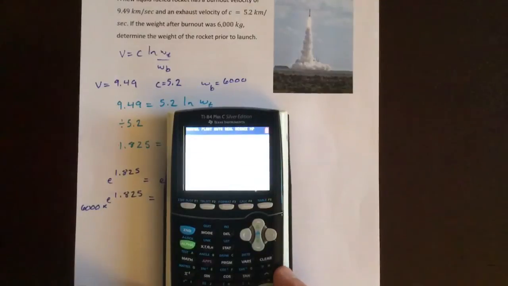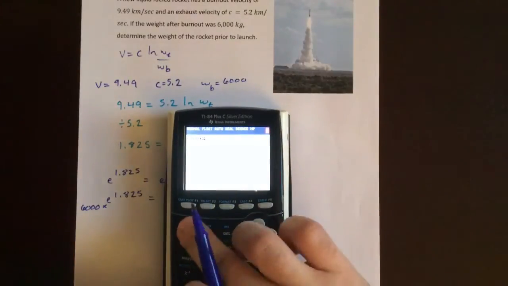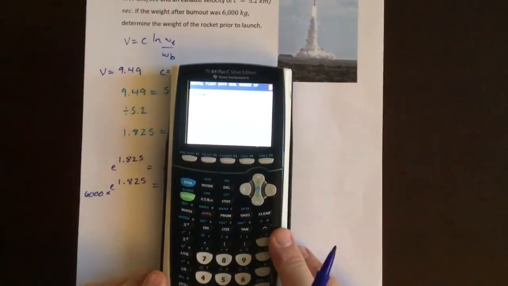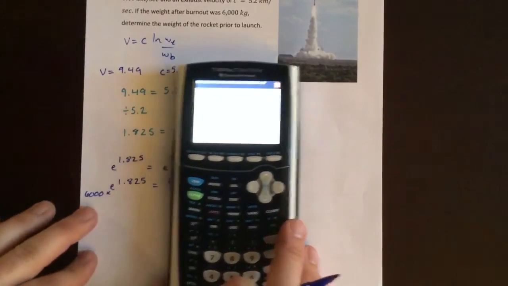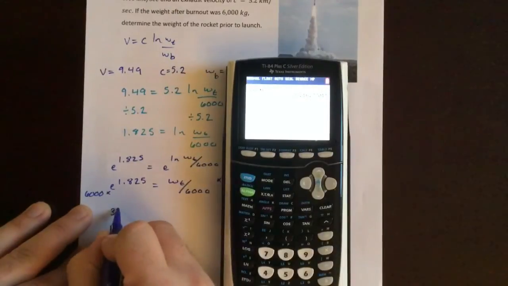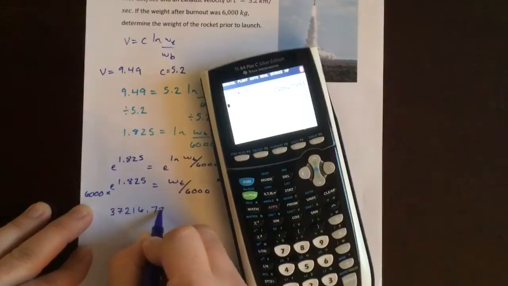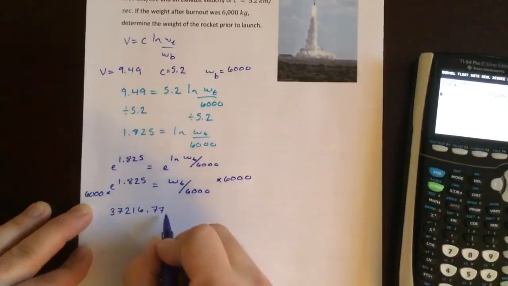Yes, okay. So we get 6,000, we will multiply by e. So e is right with natural log, so I have to hit second natural log, 1.825. And we get 37,216.77. Okay? And this is kilograms.